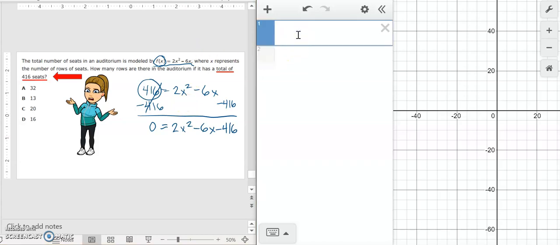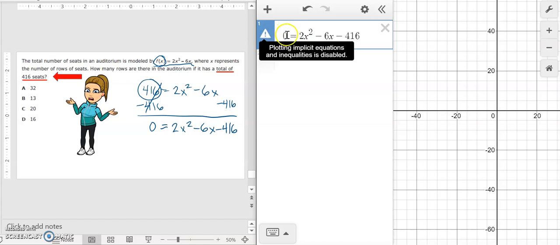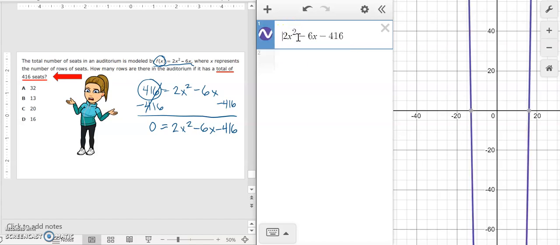I hop over into my calculator. You could do 0 equals 2x squared minus 6x minus 416. Notice it's giving me this error, because it says these are implicit equations. Take off the equals 0 and boom, there's my parabola.